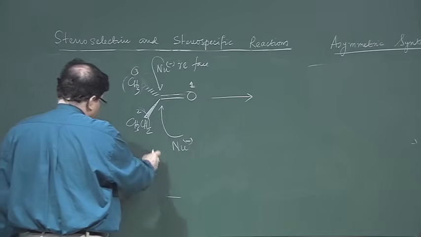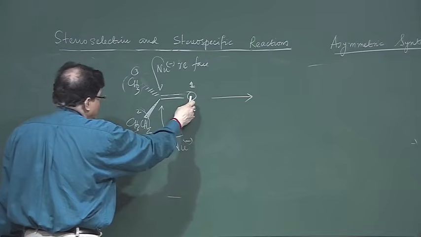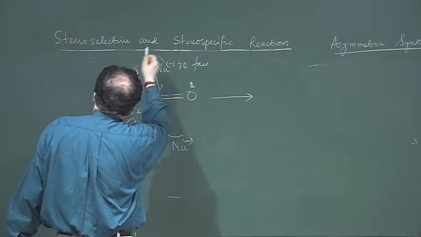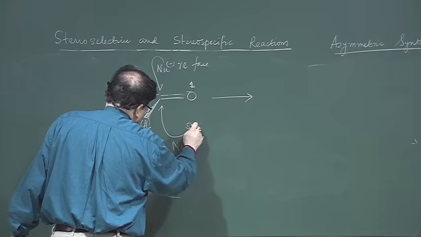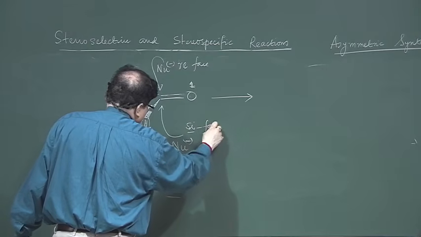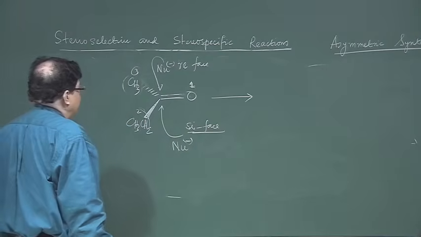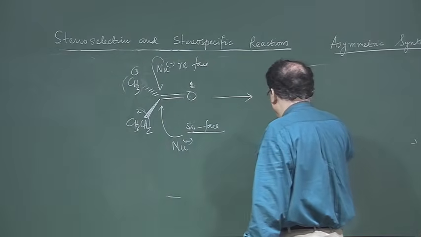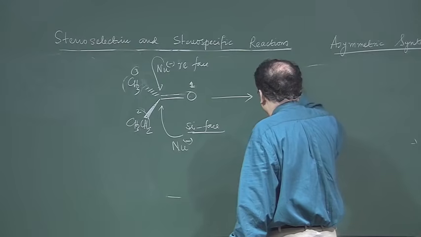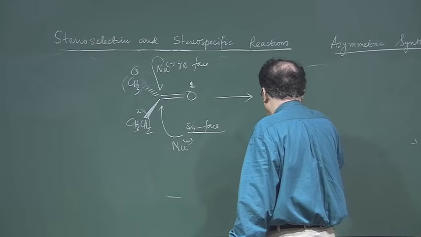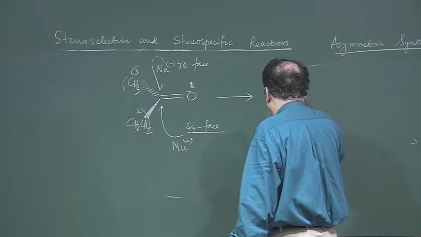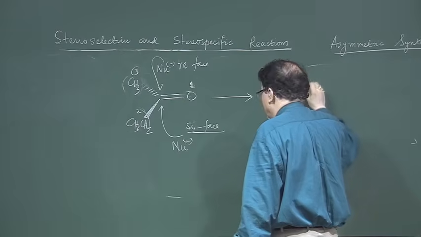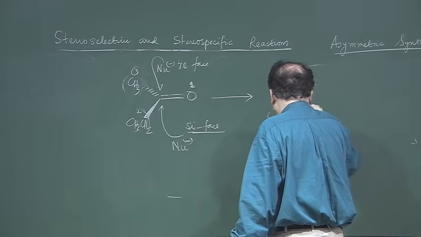And if you check this one, this is 1, this is 2 and this is 3. So, now it is going in an anti-clockwise direction. So, this will be the Si face, that we have done earlier, right. This is the Re face and that is the Si face. So, if the nucleophile approaches from the Re face, then the product will have the C2H5 carbon and this will be OH, and the nucleophile will be on this side and OH will be on that side.